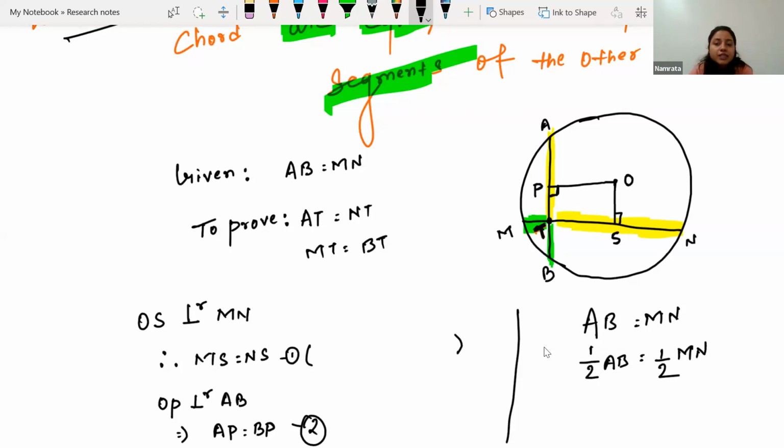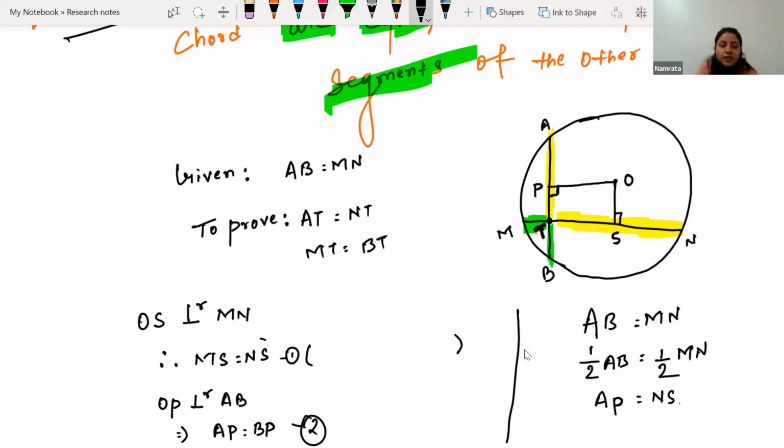Now what can we say here, half of AB means, can I say AP, and half of MN means, can we say NS? Why am I saying AP and NS over here? Because we want to take the yellow part only, on both sides. So here I have taken AP, there I have taken NS.